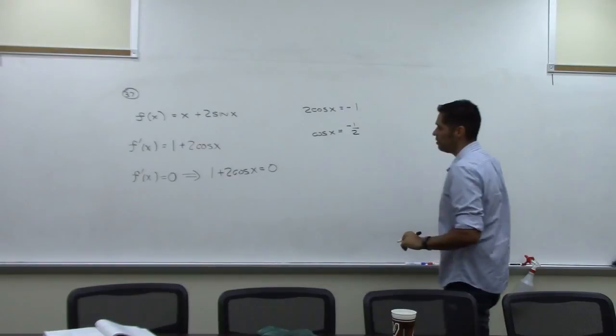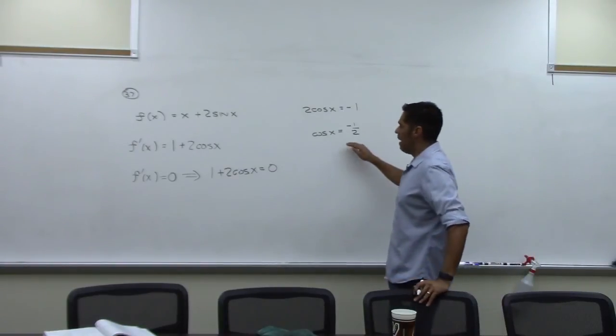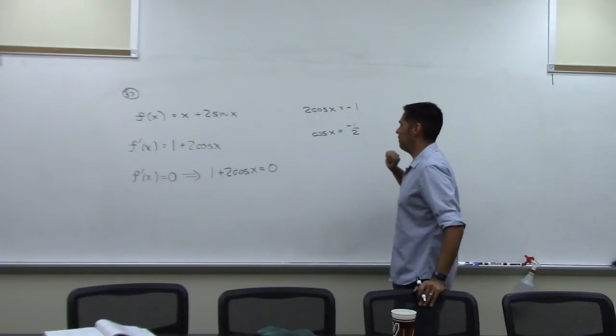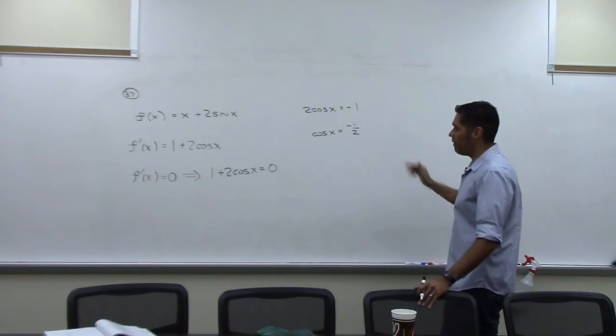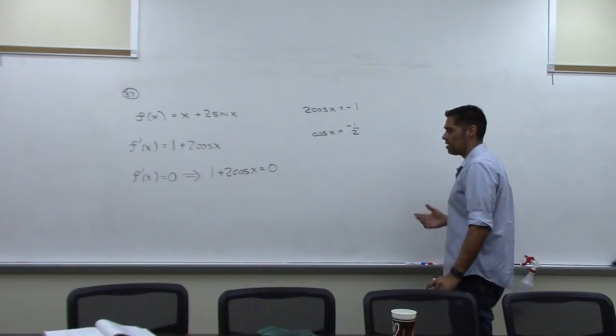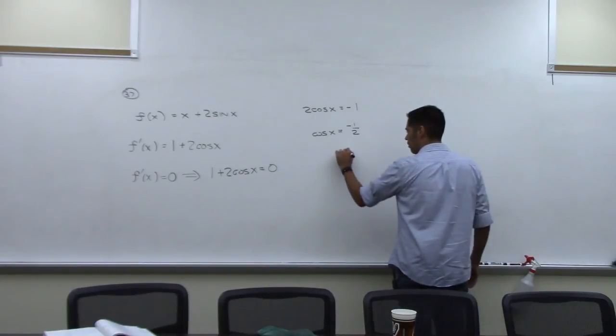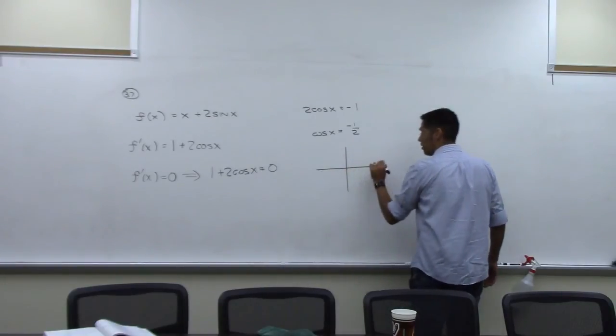Now, the question is, where on the cosine function are we getting a value of negative 1/2? You could go look at the graph of the cosine function, but I hope your experience with pre-cal was connected more to the unit circle, which is where I go whenever I'm trying to solve these.